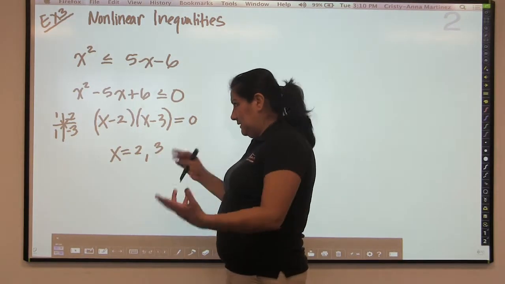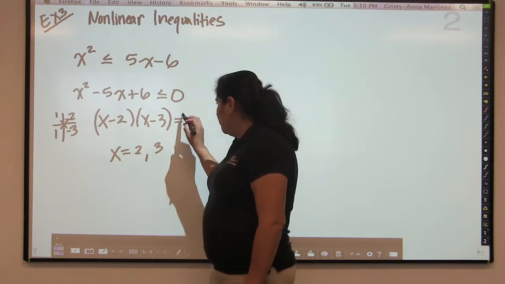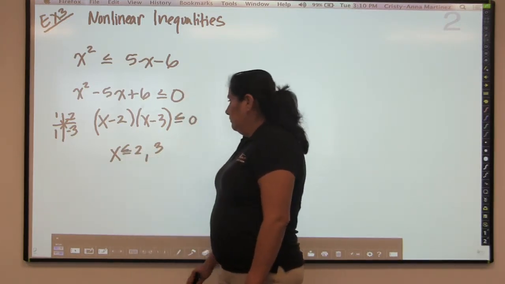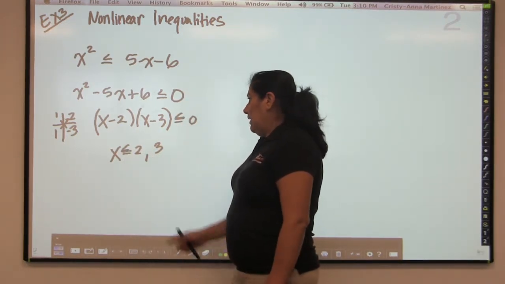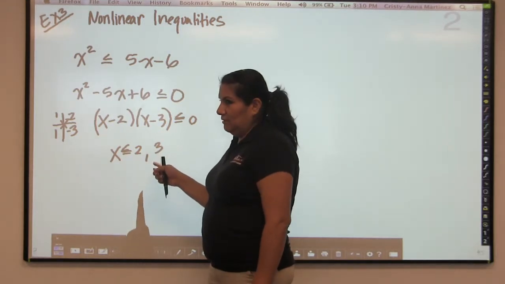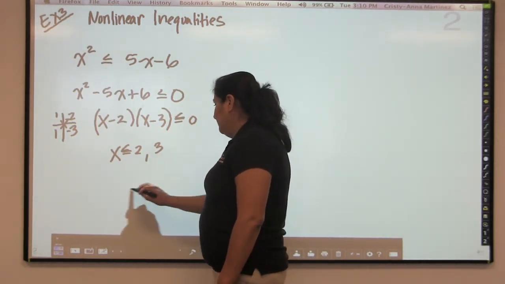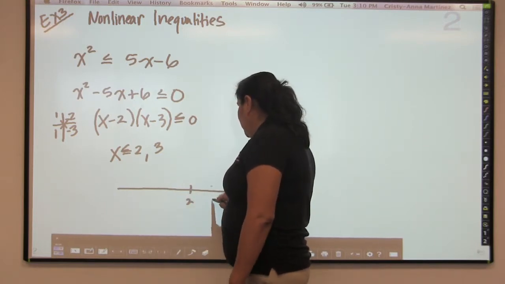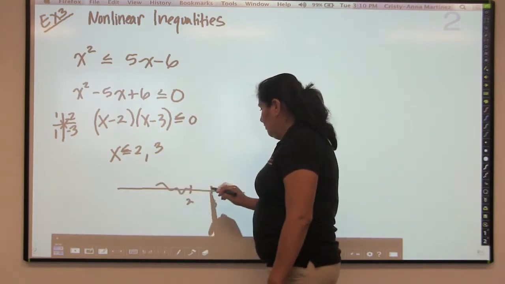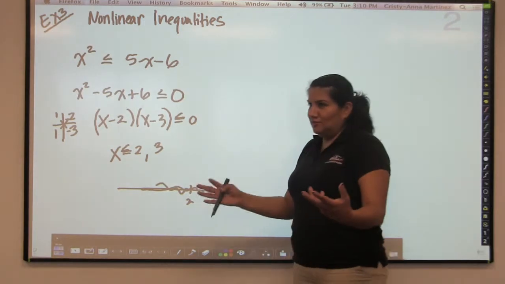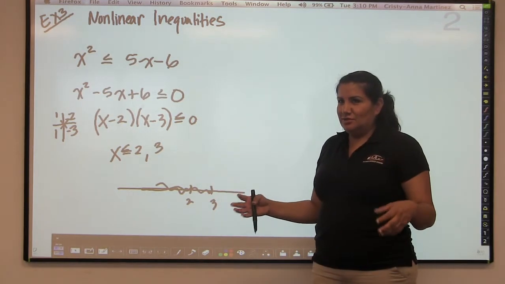Most students, when they first see this, go, oh, well, just put the symbol in there. Okay, so according to you, x is less than 2 and less than 3. Okay, so here's 2, here's 3, you're less than 2, you're less than 3, so you're less than 3? Do you see what I'm saying?